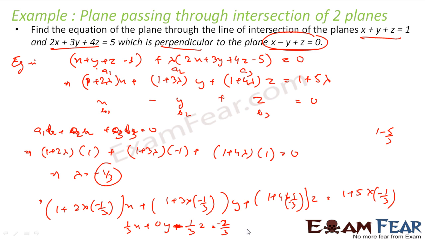Or if you solve this further, this is nothing but x minus z plus 2 is equal to 0. And that is my answer.